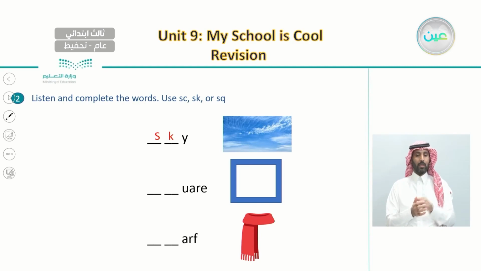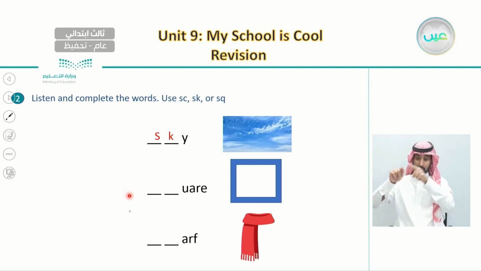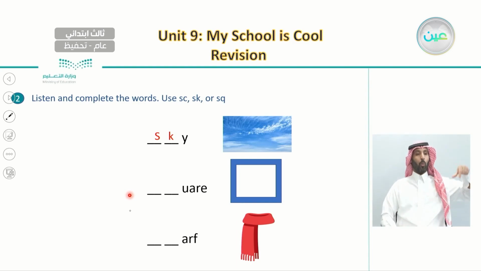We should fill it in with S and K. Sky. Now let us move on to the second one. Here, the second word is square. Square. Now, what do you think we should fill in this word with?